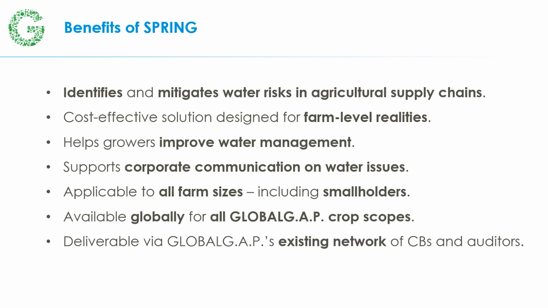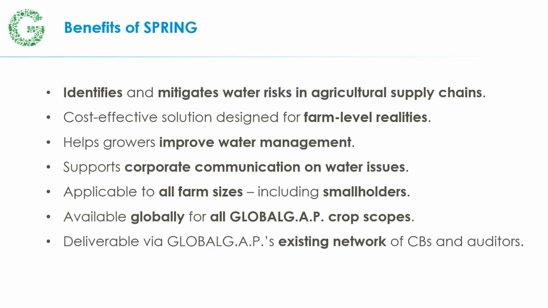That's why we try to give a solution for these producers and not only for the big ones. It's available for all the crop scopes in GLOBALG.A.P., not only fruit and vegetables. It's possible for flowers and ornamentals or any other crop.